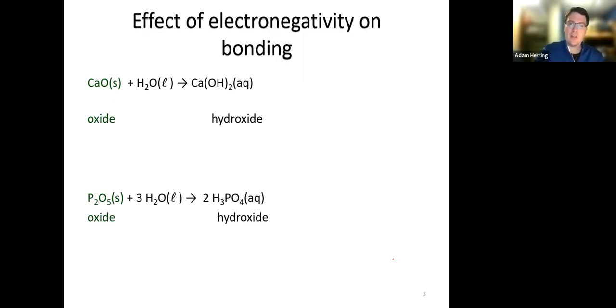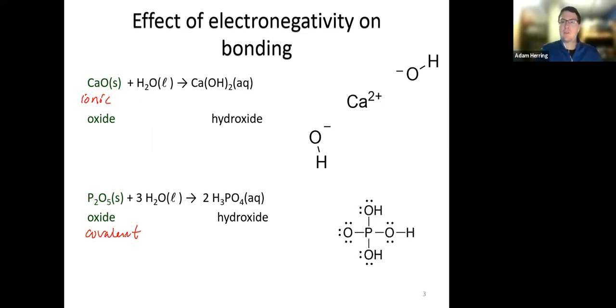This is an oxide forming a hydroxide. Now, this is an ionic compound, and this is a covalent compound. And something to notice in terms of the structures of these is that they're very different from each other. The resulting compounds are very different.